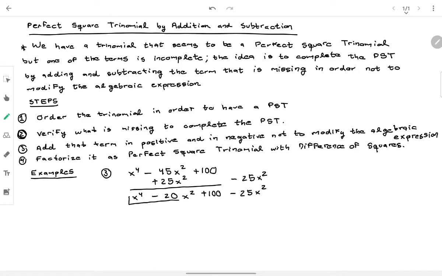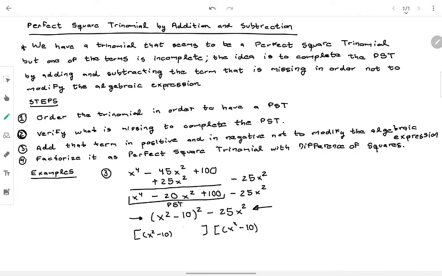So this specific one is the perfect square trinomial. So I can factorize it as x squared minus 10, all of it squared, minus 25x squared. So in this case, I have here a difference of squares. So I open up a bracket, and it's going to be x squared minus 10. In the other bracket, it's going to be also x squared minus 10.